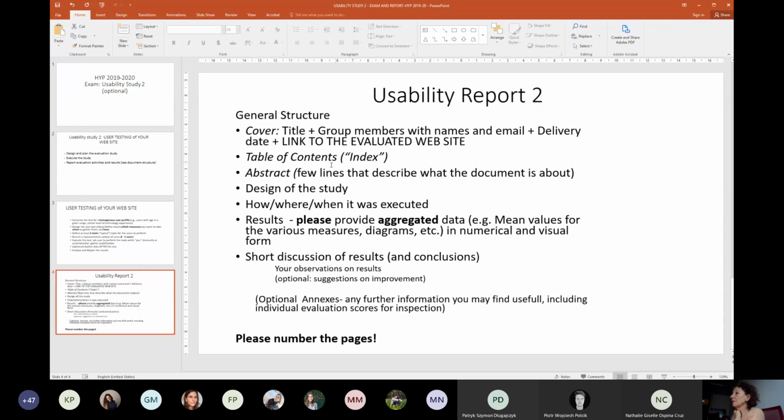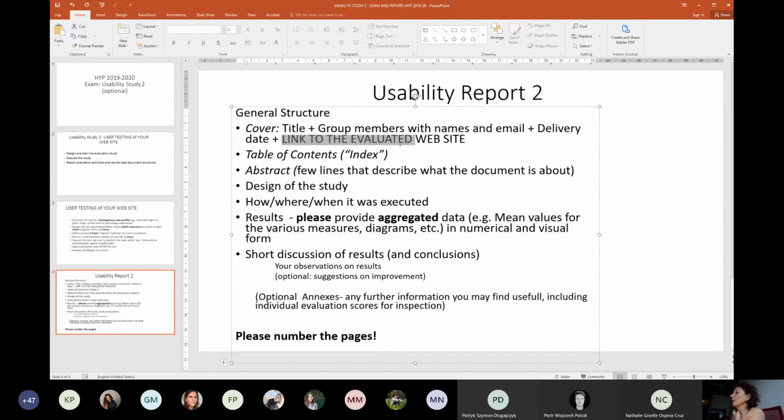The cover, with the link of your website. A table of contents, an abstract. The abstract can be put before the table of contents, it is up to you. How you designed the study, all the details of how, when, where it was executed, the results, a short discussion, and any annex.